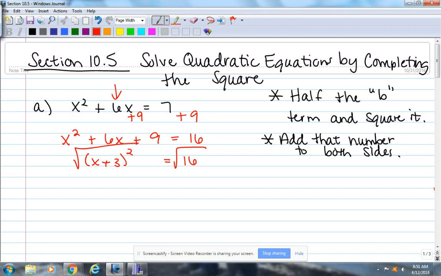And a square root will cancel each other out. So then it's x plus 3 equals. Now, y'all, the square root of 16 could be positive 4 or it could be negative 4, right? Because negative 4 squared equals 16 and positive 4 squared equals 16.